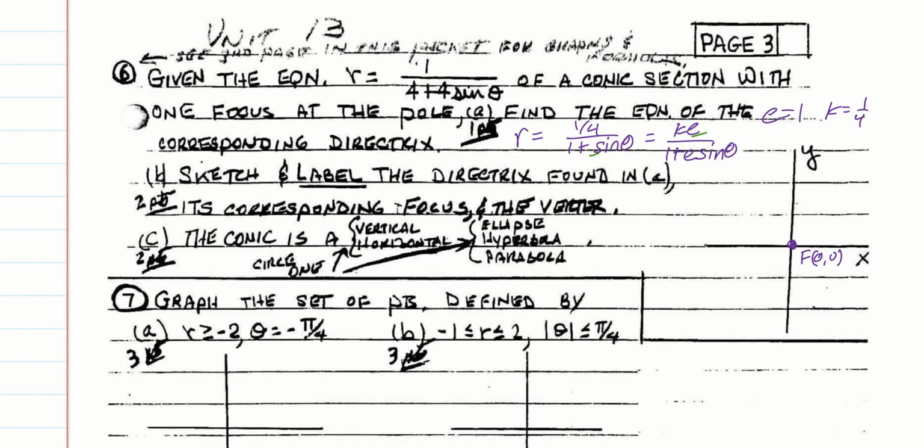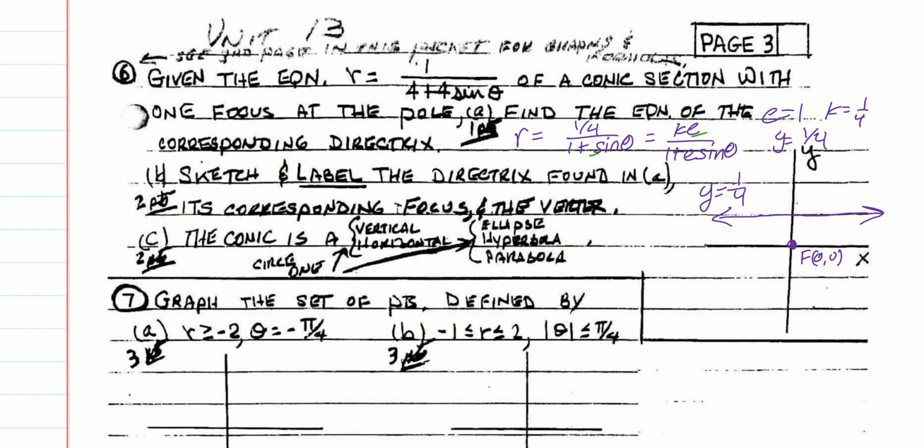So then your directrix is going to be y equal to 1/4, because again, our focus is at (0, 0). If the focus was at a different pole, it would shift our directrix up or down.